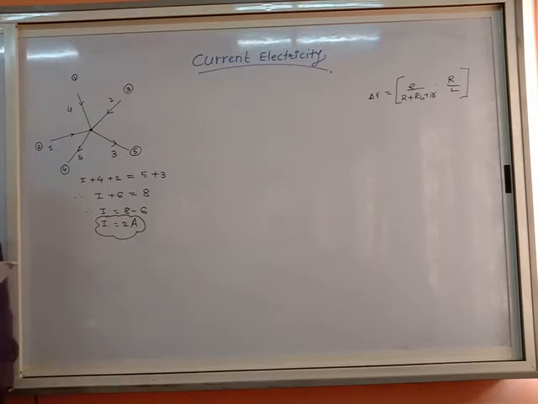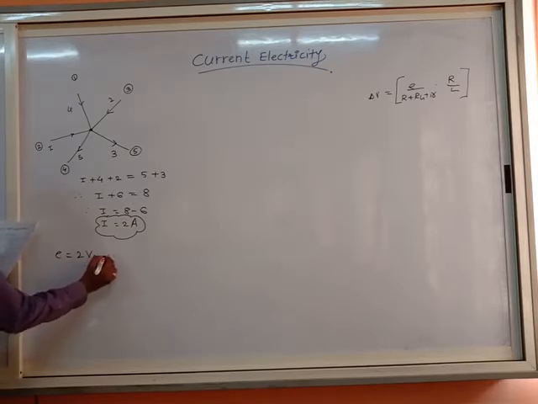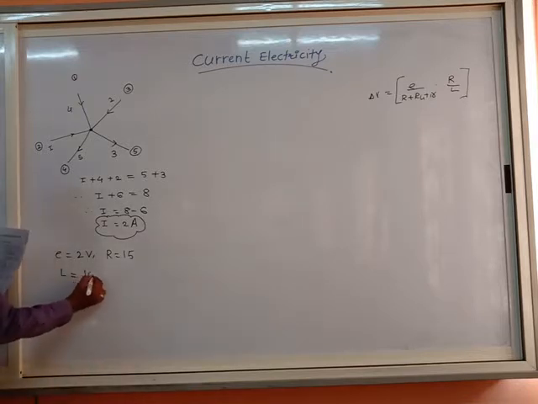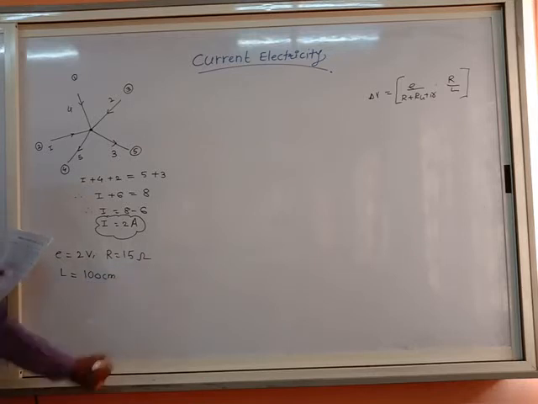Next, a 2 volt battery, it is said to be EMF E, a 15 ohm resistor, and a potentiometer of 100 centimeter length connected in series. EMF is 2 volt, 15 ohm resistor means R is equal to 15, and the length of the potentiometer, you can take small l or capital L, no problem, is L equal to 100 centimeter.